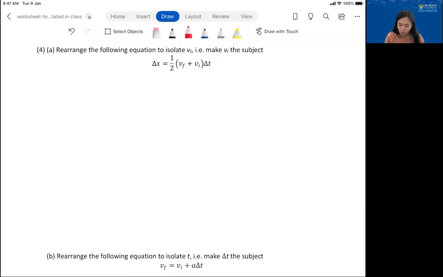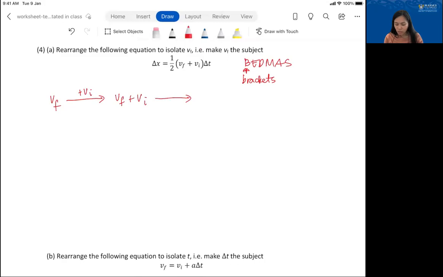So you want to isolate VF, so you start from VF. Okay, your order of operations, BEDMAS, means that you have to do brackets first. So in building up your equation, VF plus VI is bracketed. So you have to build that part of the equation first. So you have to add VI in order to recreate that bracketed form. And you have VF plus VI.